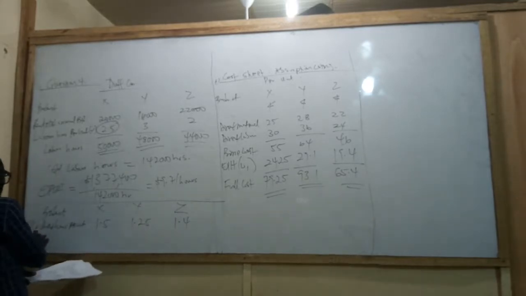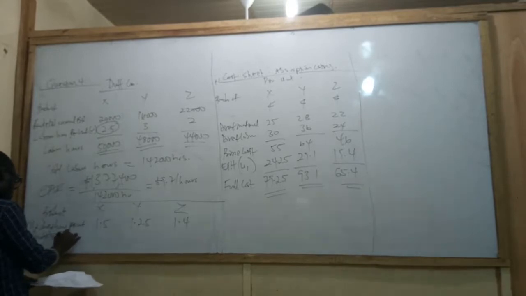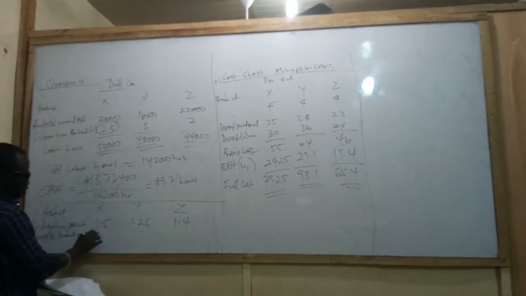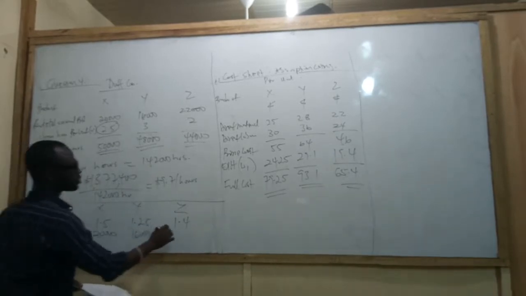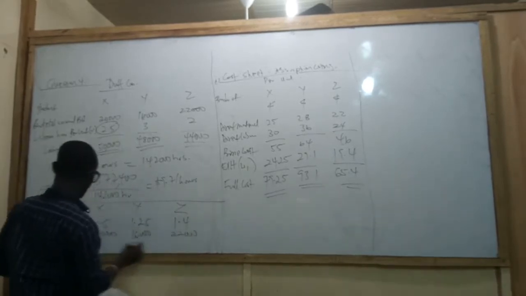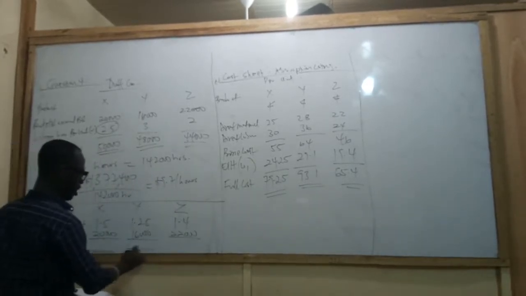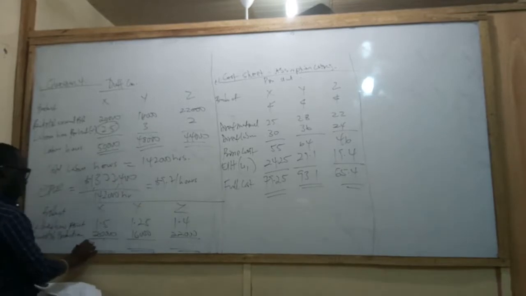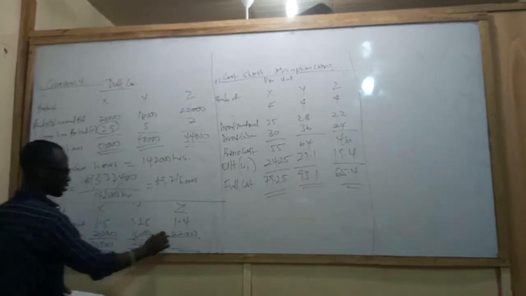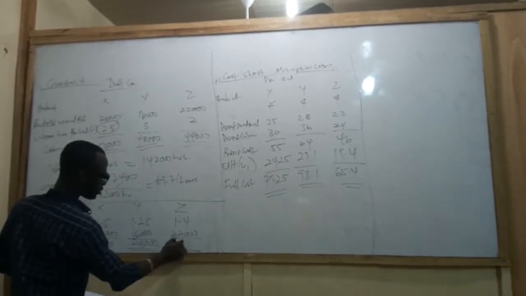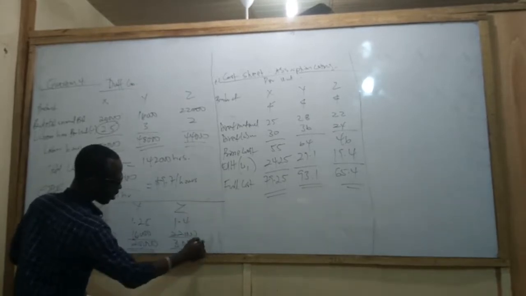Then we need to multiply it by the annual budgeted production. How much? 20,000. So let's multiply up. We get 30,000, 20,000, 30,000. So let's get total machine hours.